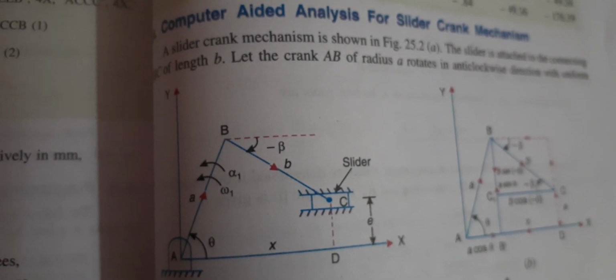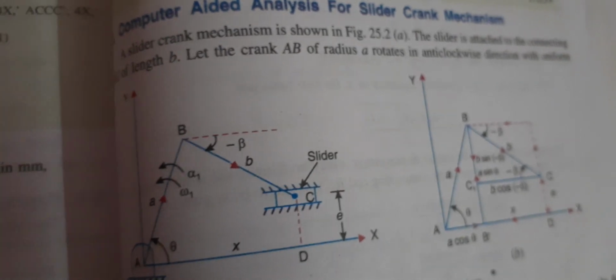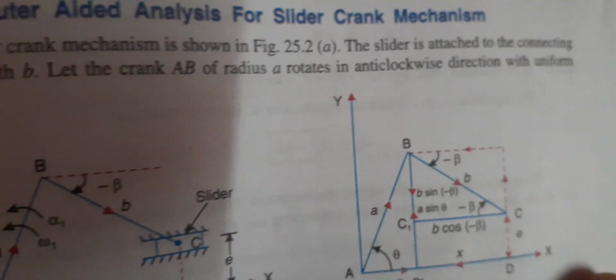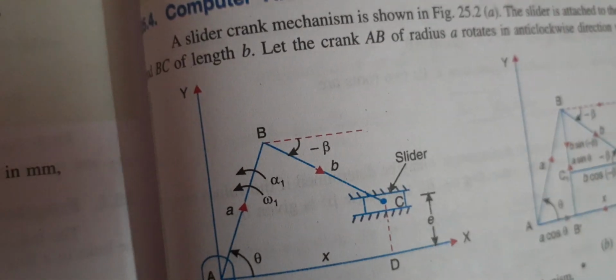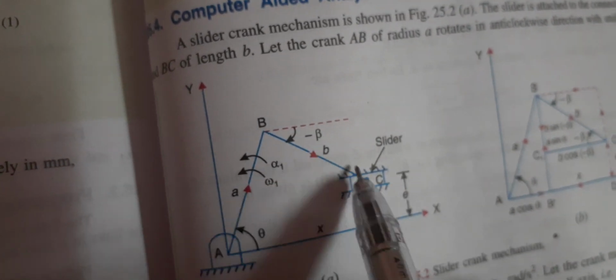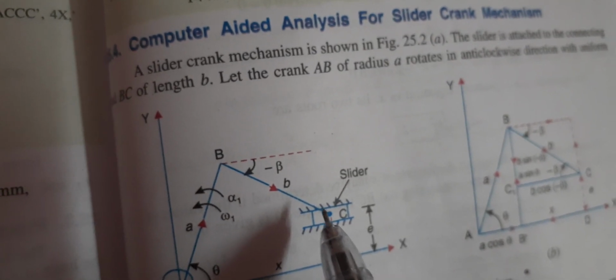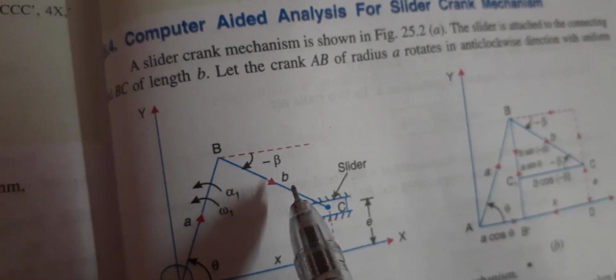A slider crank mechanism is shown in the figure. The slider is attached to the connecting rod BC. This is the connecting rod BC. The slider is connected to the connecting rod BC of length b.